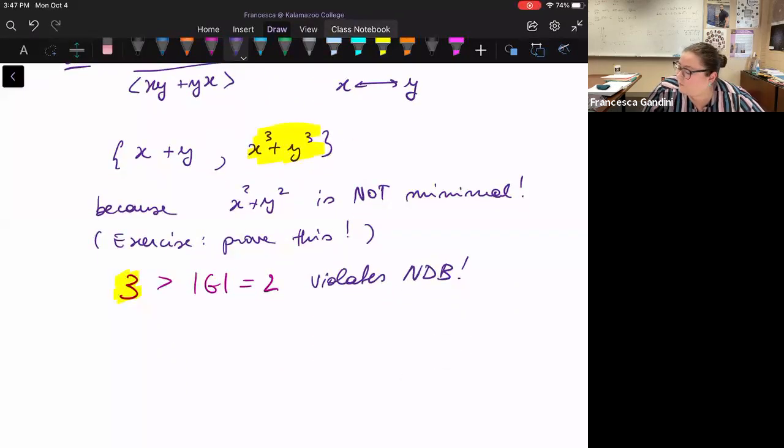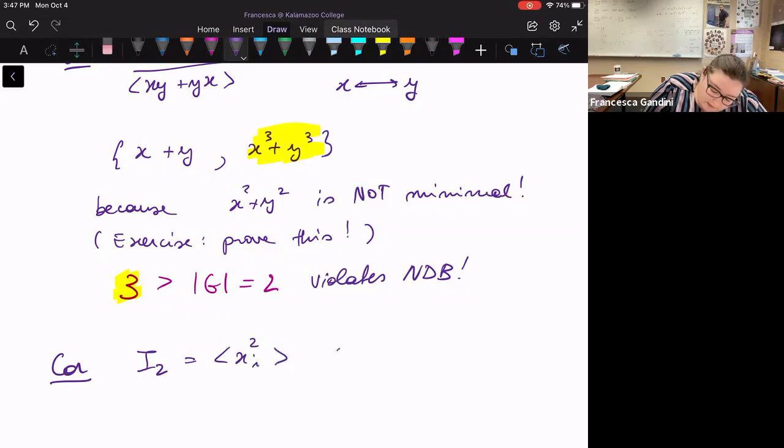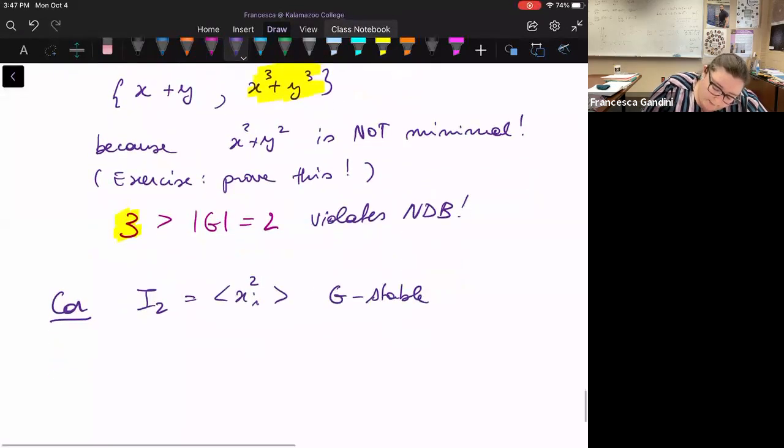However, one of the directions in which I'm thinking about going is with the following corollary. If you think about the ideal of squares, and you assume this is G-stable, you can think about going from an invariant in this skew algebra to some invariant in the exterior algebra.